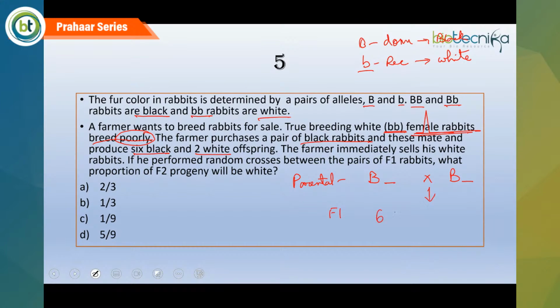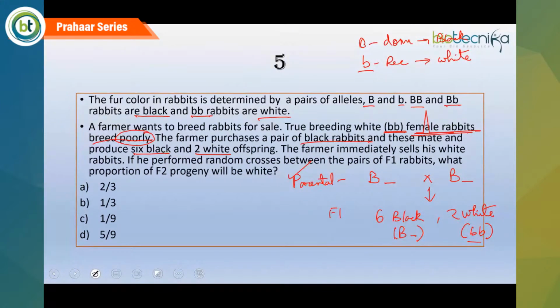He got 6 black. The genotype again, we will write one capital B for sure. The other allele we don't know, leave it blank. And 2 whites. Now, for these whites, we know the genotype for sure. It has to be small b, small b. By looking at the genotype of these 2 whites, you will also understand the genotype of the parentals here.